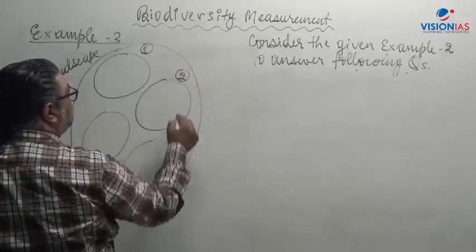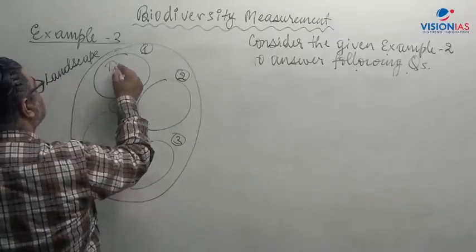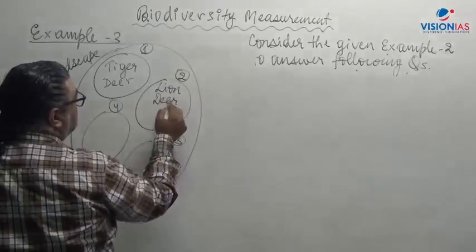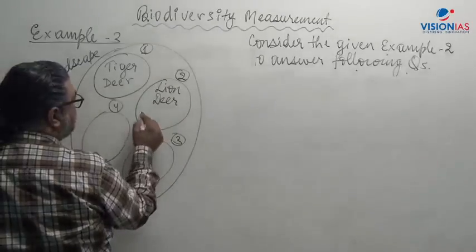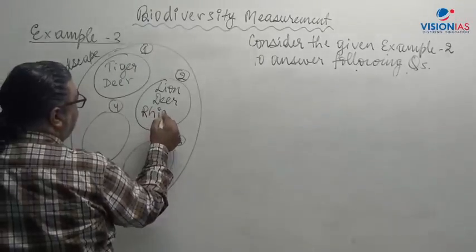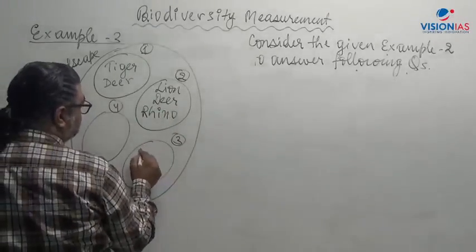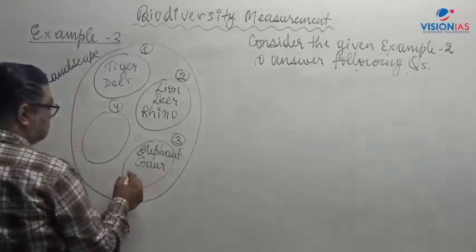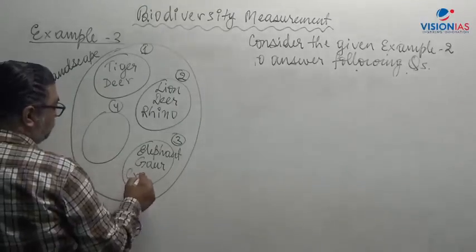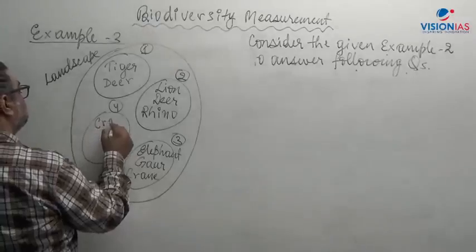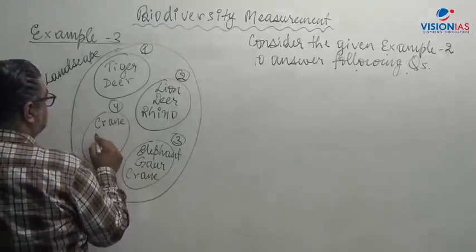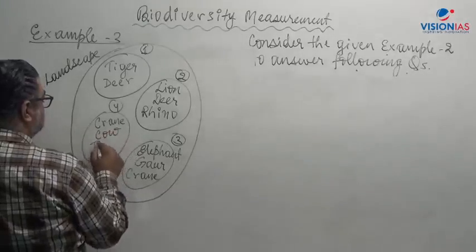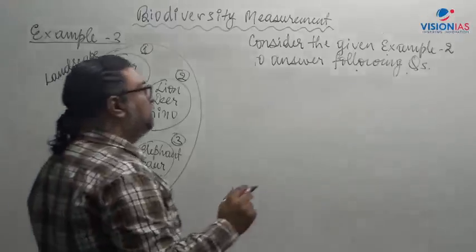Habitat number 1, habitat number 2, habitat number 3, habitat number 4. I am just giving a random example here.